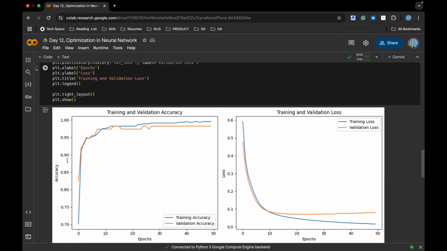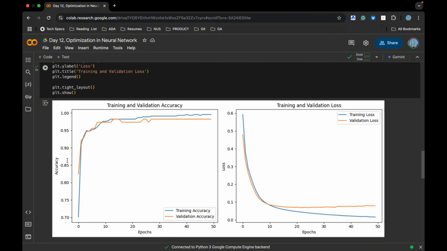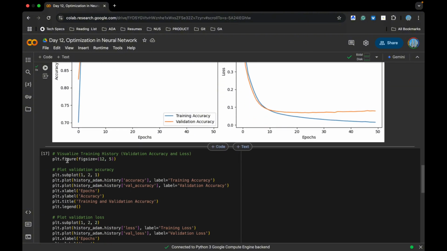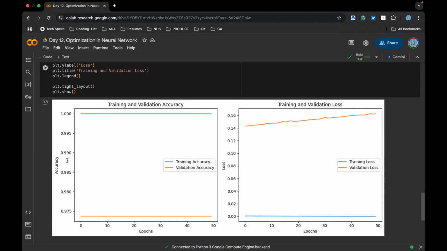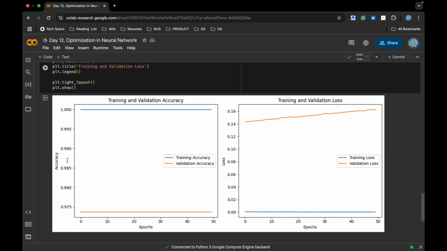This is something you would already know from yesterday's example too. Nothing has changed, everything is the same. Now when I put forward the Adam optimizer's output, you will see that in terms of training and validation accuracy, the Adam optimizer instantly gets 100% accuracy in the initial epochs itself.